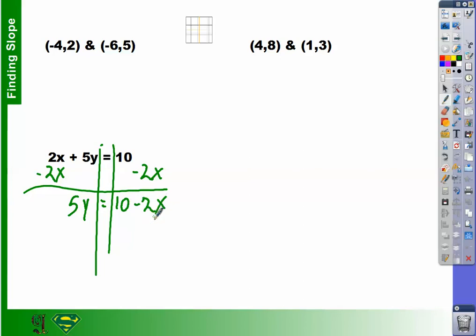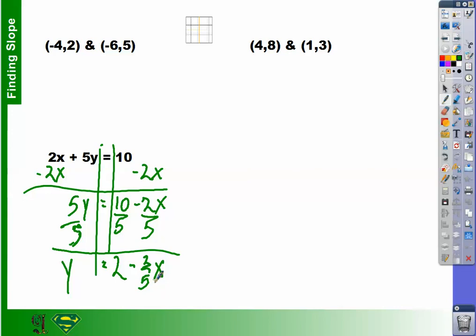Now what do I need to do to get the y by itself? Divide by 5, because the opposite of multiplying y by 5 is dividing y by 5. So we're going to divide both sides by 5. So we end up with y is equal to 2 minus 2/5 x.